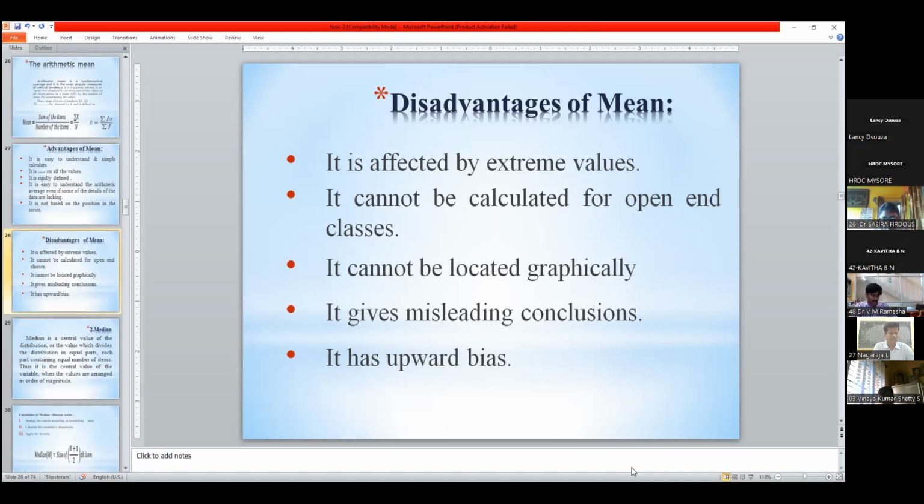Mean cannot be located graphically, which is not easy. Sometimes mean can give misleading conclusions because extra or distinct scores might change its structure. It also has an upward bias, which is also not good. So all these are the disadvantages.